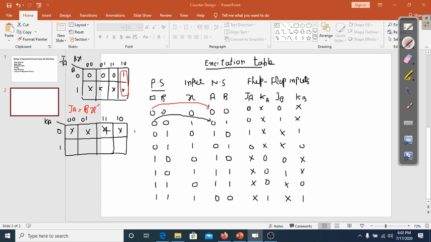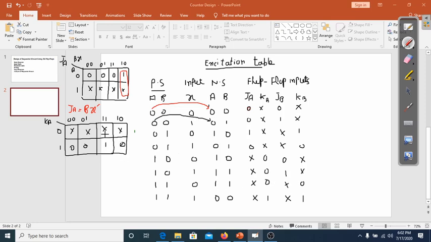And then for 1 0 0, K is 0. For 1 0 1, K is 0. For 1 1 1, K is 1. And for 1 1 0, it is a 0.